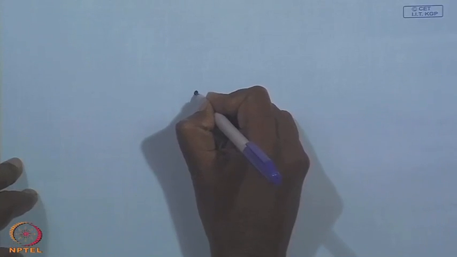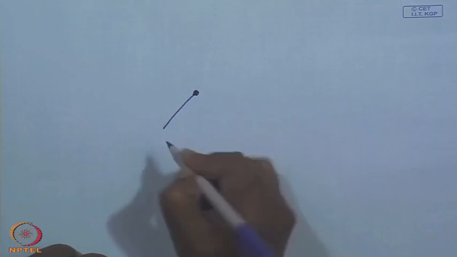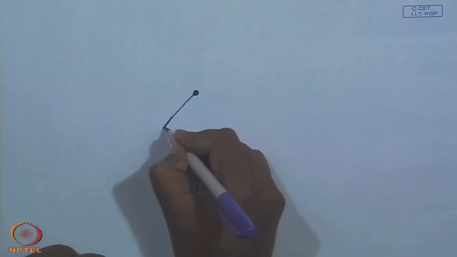Let us consider a very simple case initially. Suppose I have a point. And we all know that a point is of 0 dimension. It has neither length, nor breadth, nor depth, and so on. Now, if I pull this point in a certain direction along a certain line, what I get is a line segment, and a line is in 1 dimension.